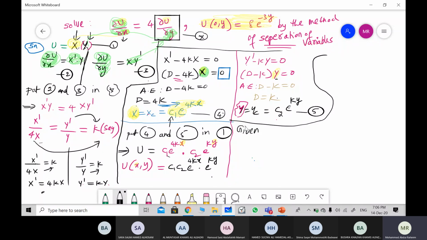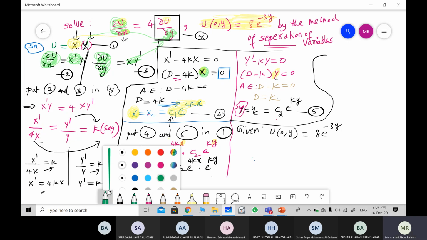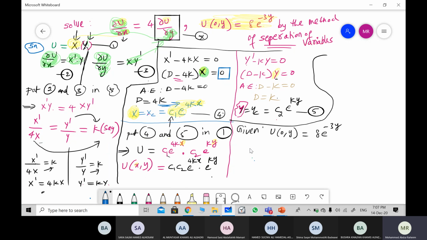It is given that u of 0,y is 8 e power minus 3y. How much is u of 0,y?